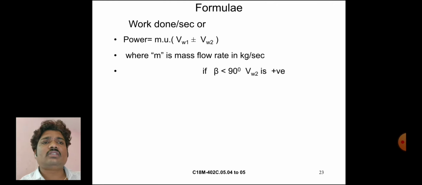If beta is less than 90 degrees, VW2 is positive. The beta angle is less than 90 degrees, so the steam outlet whirl velocity is positive.